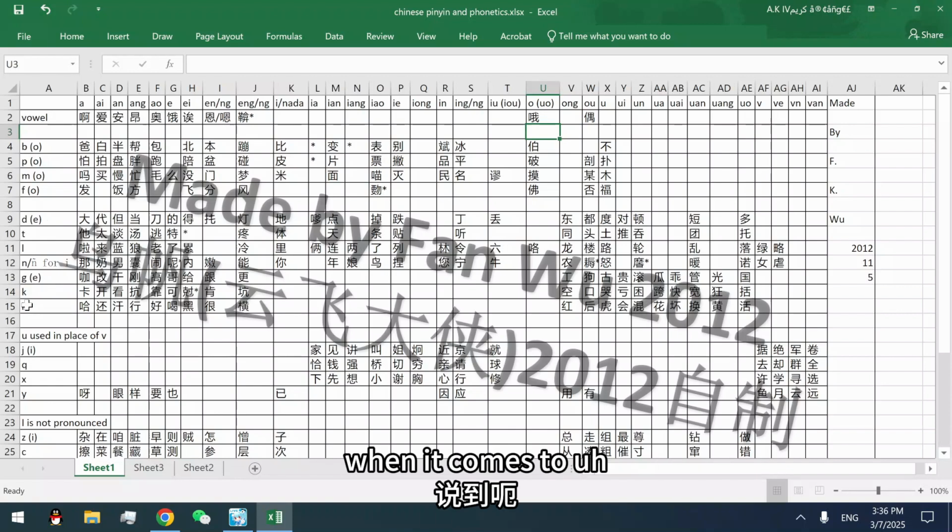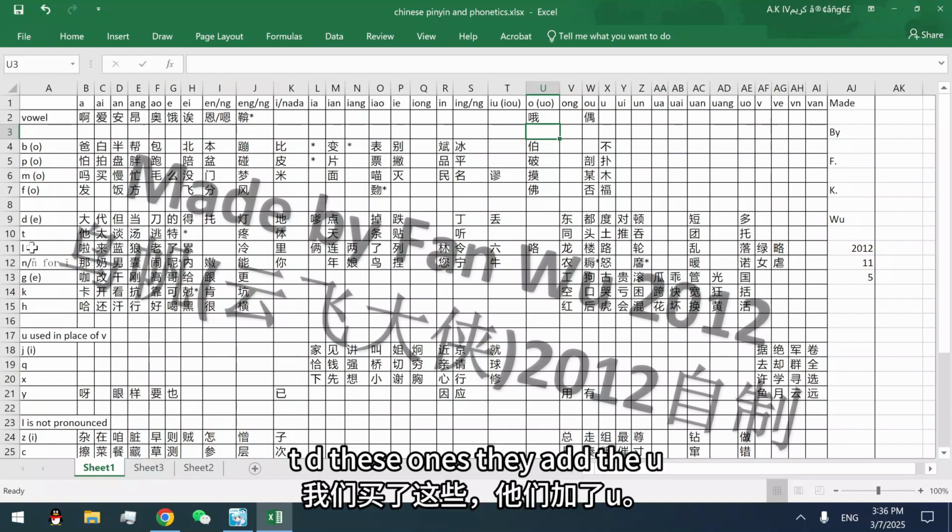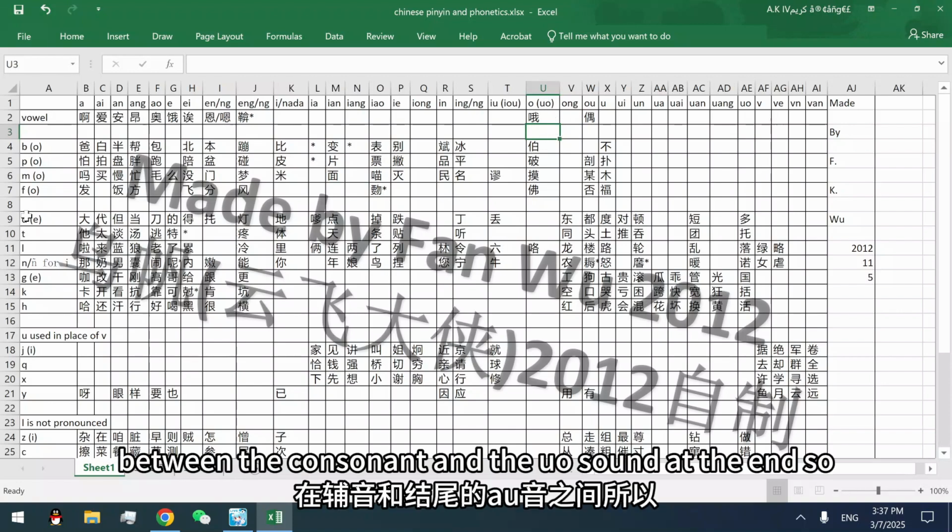However, when it comes to the G, K, H, L, N, T, D, these ones, they add the U between the consonant and the O sound at the end.